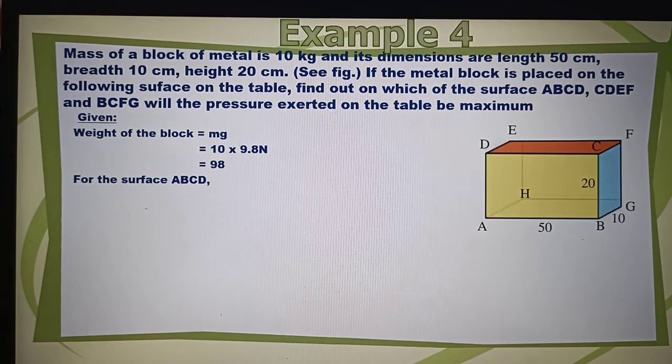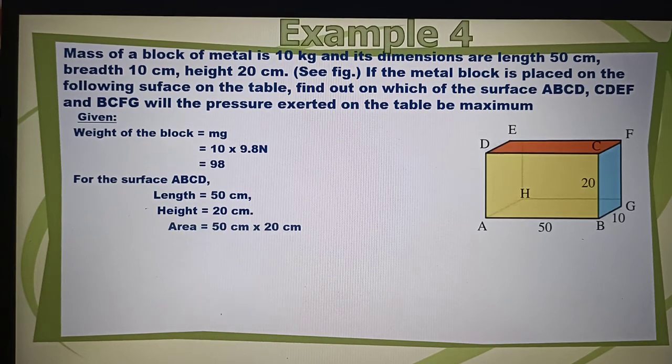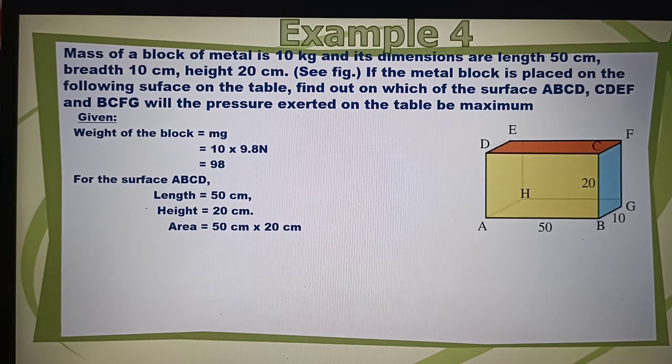Next, for the surface A, B, C, D, length is equal to 50 centimeter, height is equal to 20 centimeter, area is equal to, what is the formula? That is length into height. So 50 centimeter into 20 centimeter. When we multiply these two numbers, we got the answer 1000. That is 1000 centimeter square.